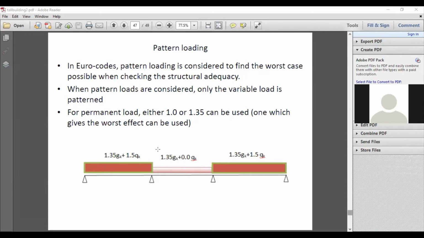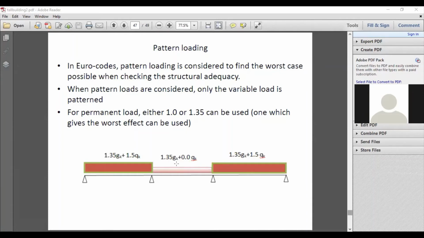Then you will ask why Eurocode specifies 1.35. The earlier British code used to have the value of 1.0 GK, but when you look at Eurocode, it clearly states that this type of massive variations are not generally possible.